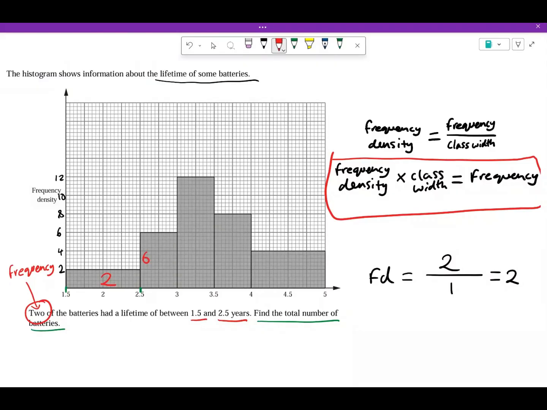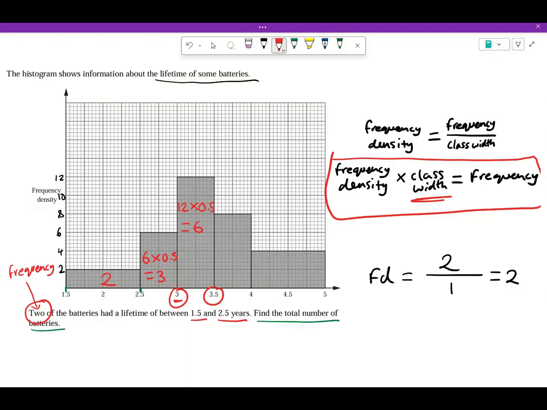So we're going to do 6, and we're going to multiply by our class width. So our class width is the difference between 2.5 and 3. So that would be 0.5. So that would be equal to 3. Okay, so that's my frequency for that bar. Now, if we do the next one, our frequency density is 12. That's the height of my bar. So we're going to do 12 times our class width, which is the difference between the 3 and the 3.5. So it's 0.5 again.